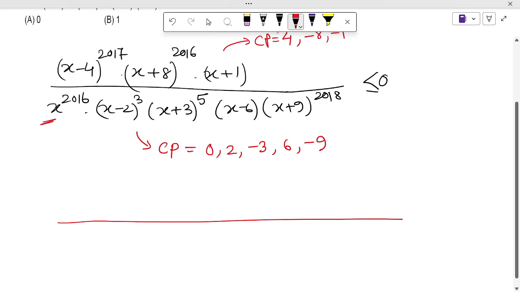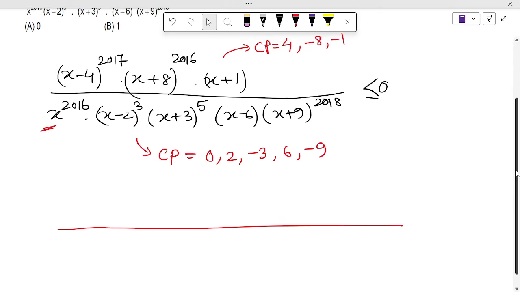Let's plot all the critical points on this number line. You need to plot the critical points in increasing order from left to right.